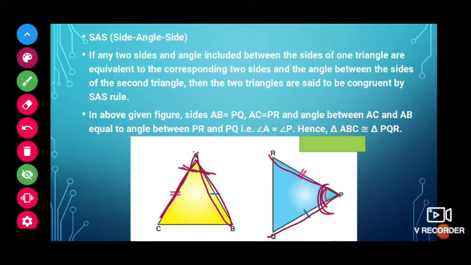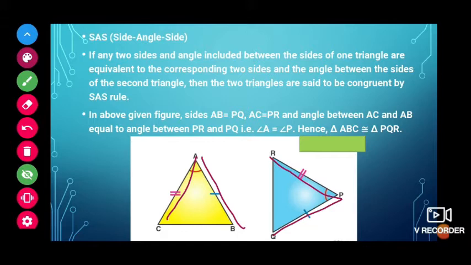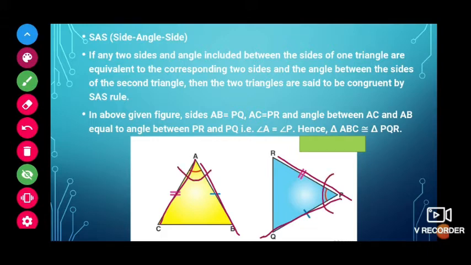For example, if these two sides are equal, and this angle is equal and this angle is equal, then we cannot say that both triangles are equal. Only if the angle lying in between those two sides is equal can we say that the two triangles are equal. Here, AC is equal to PR, AB is equal to PQ, and angle A is equal to angle P. So we can say that these two triangles are equal.